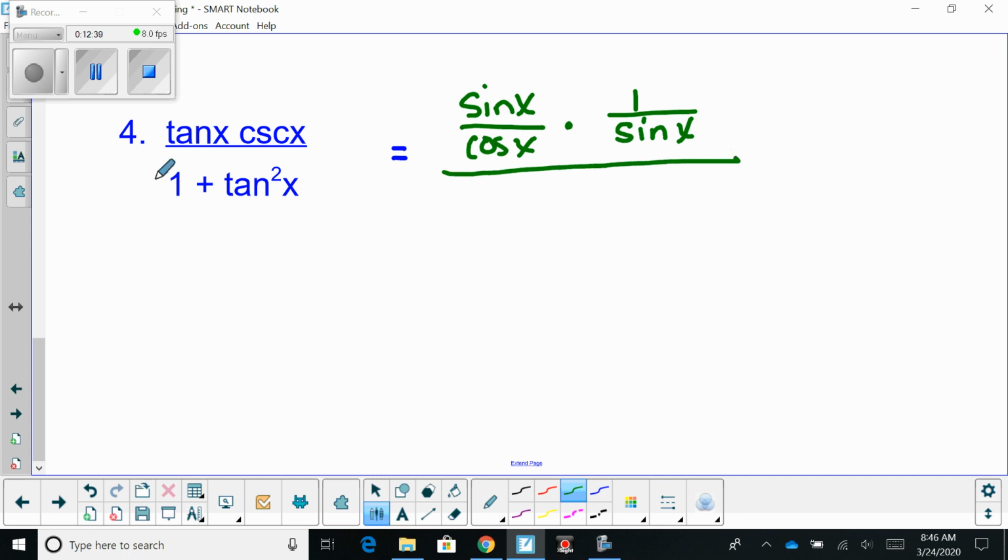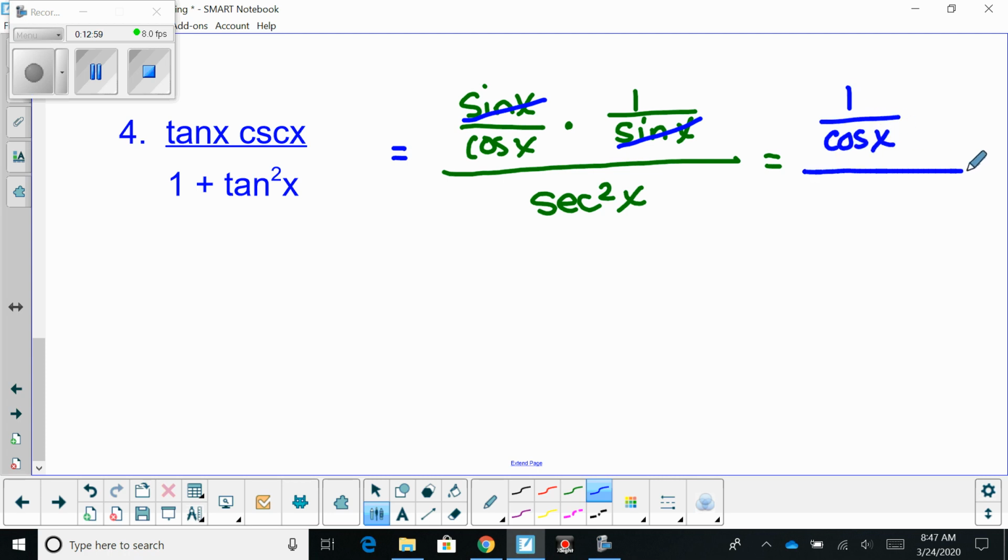And then remember from our Pythagorean identities, 1 plus tangent squared is the same thing as secant squared. All right, so I'm going to simplify a little bit in the numerator. These sines can cancel, and I have 1 over cosine x. Secant squared, I'm going to rewrite as its reciprocal identity, switching to sines and cosines. Secant squared would be 1 over cosine squared x.